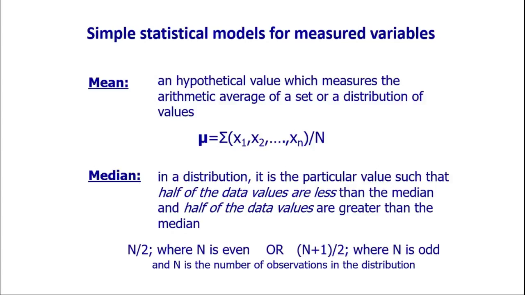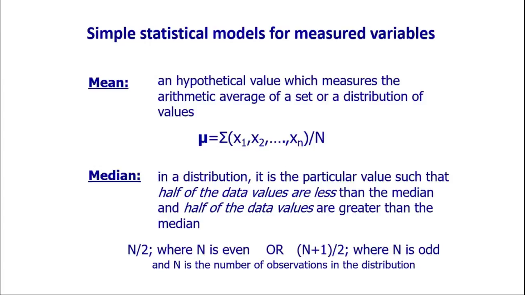So if we have 10 values, then the median is somewhere between the 5th and the 6th value. And if we were doing this practically, you'd say it's between the 5th and the 6th value, so I add those two values together and then divide by 2, and that gives me the median.